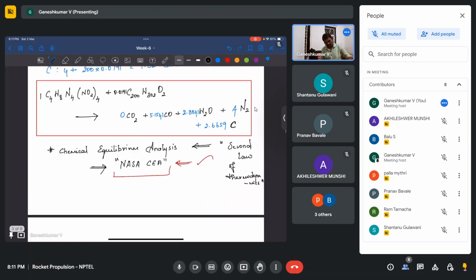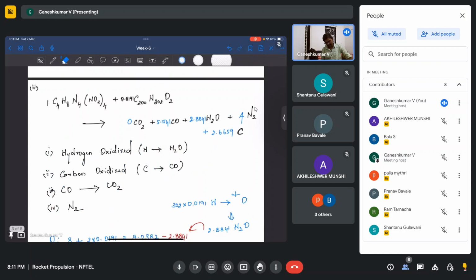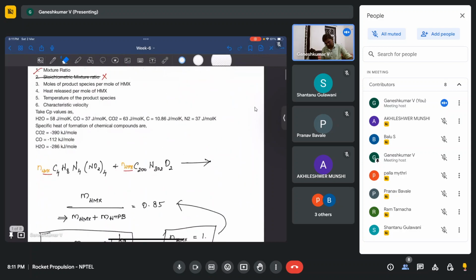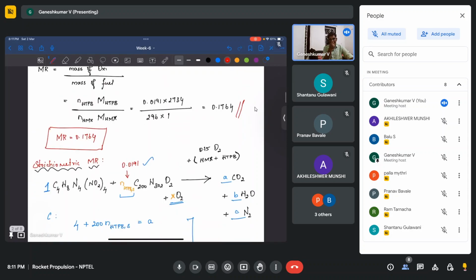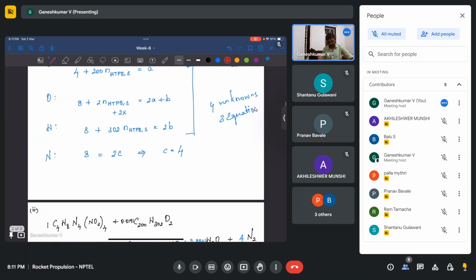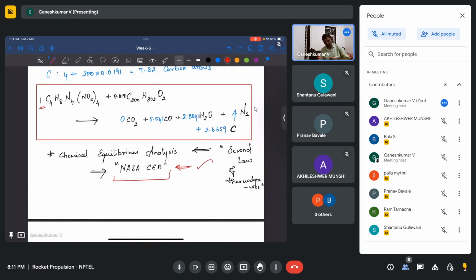So this you can do. And what are they asking in the question? They are asking for the moles of product species per mole of HMX. So what we did was we took this as 1 mole. The summation of this would be the number of moles of product species you will get per mole of HMX.